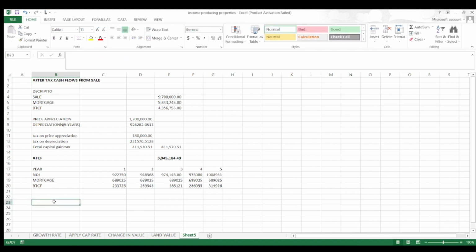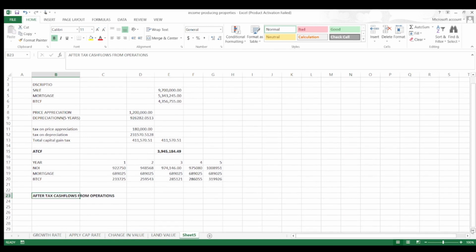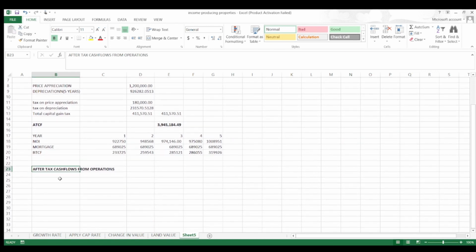Now we can look at after tax cash flows from operations. The tax flows from operations entail the relevant deductions of the taxes on income for each particular year.